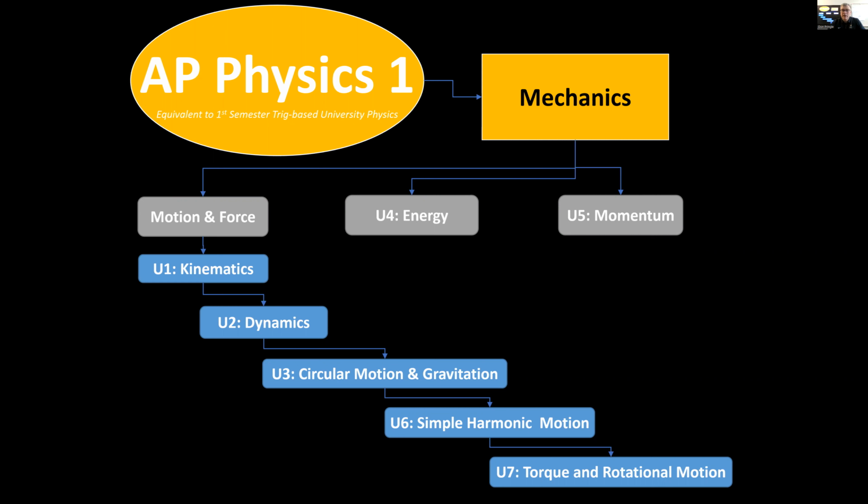The trigonometry-based course that your student is taking is similar to something that a student would be taking if they were a pre-med major. So if they were a biology student at university, if that's what they were planning to study. There is another tier of introductory physics that is calculus-based, that would be more of what a physics student at university or an engineer would take.